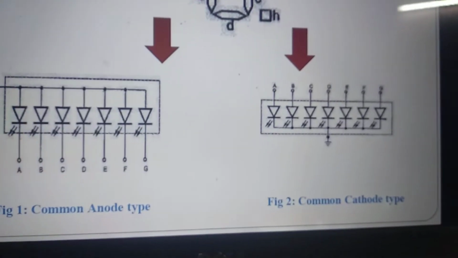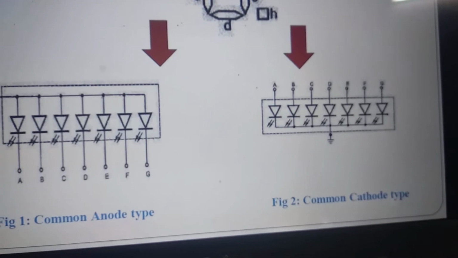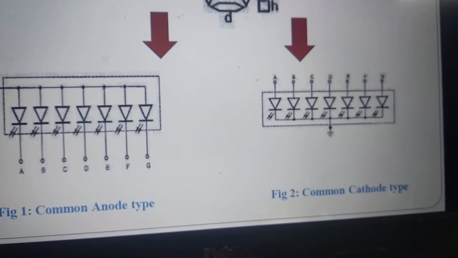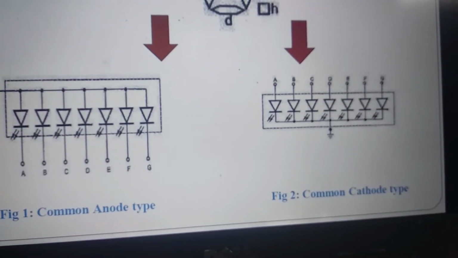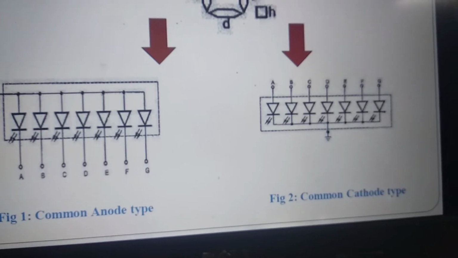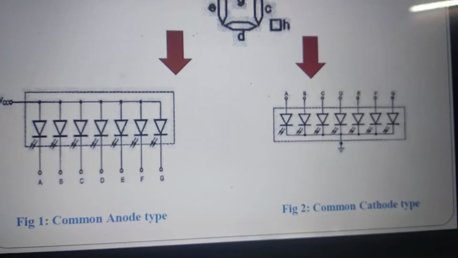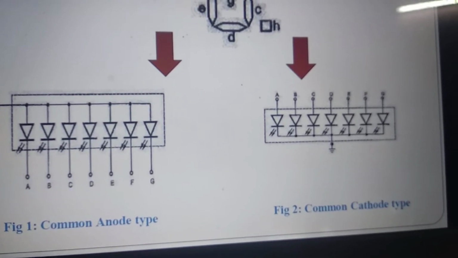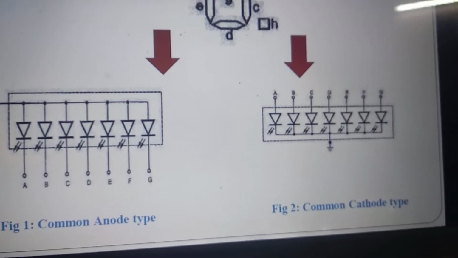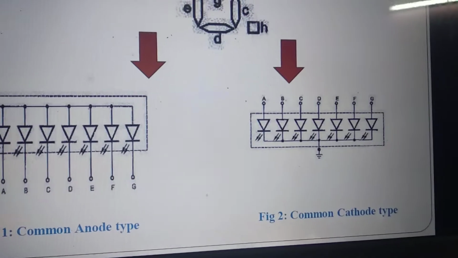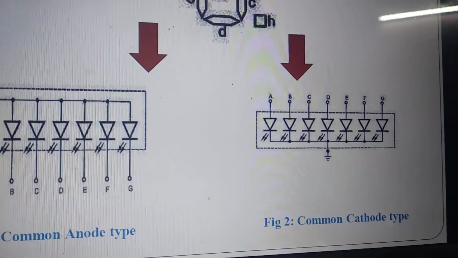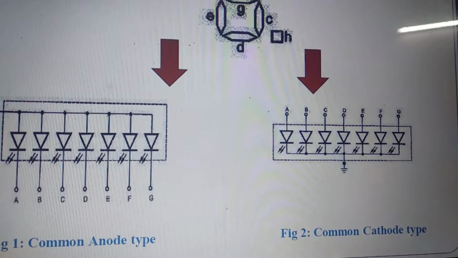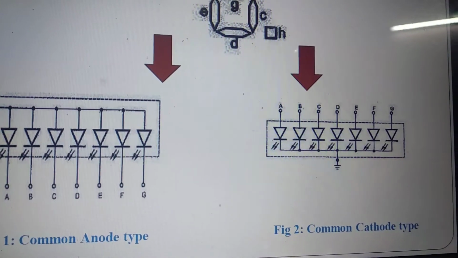Similarly, in a common cathode display, all the cathode terminals of the 7 different segments are tied together and kept at ground. To make it forward biased, obviously a particular segment should be tied to plus 5 volts, or kept at higher potential. So in digital logic, we have to give 1.